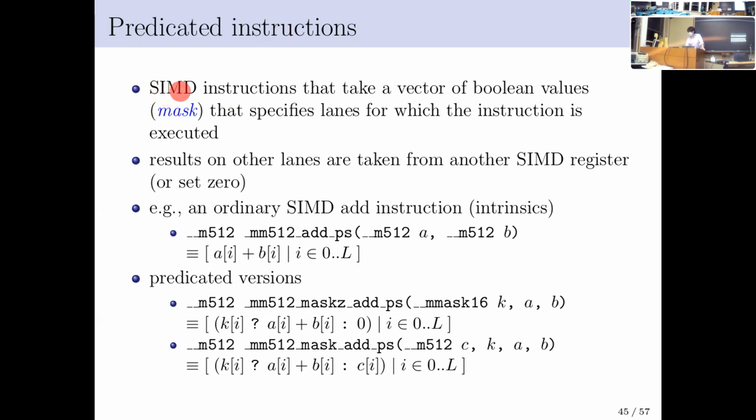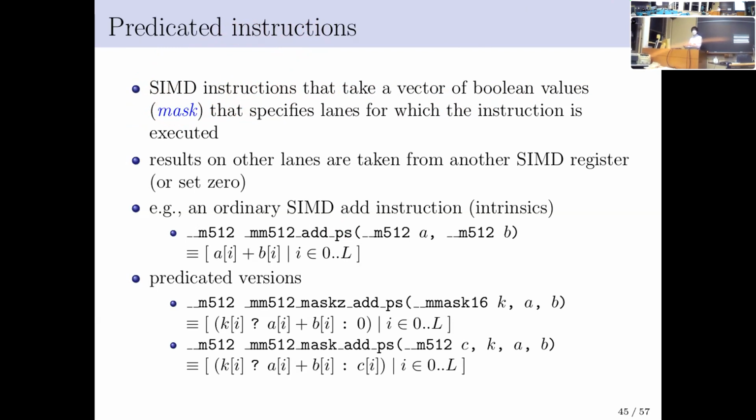Predicated instructions are SIMD instructions that, in addition to ordinary operands, take another vector of Boolean values, called a mask, that specifies the lanes for which the instruction should be executed.